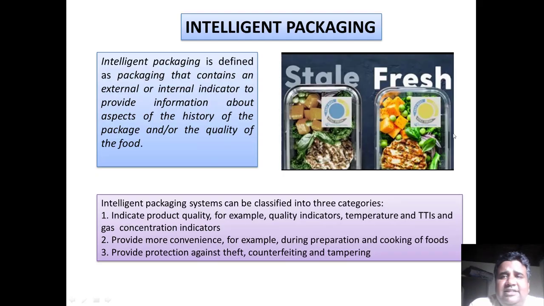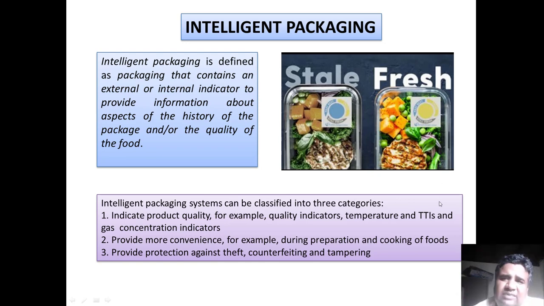Coming to the intelligent packaging, though we have already covered the definitions, I am repeating it here. Intelligent packaging is defined as packaging that contains an external or internal indicator to provide information about the history of the package or the quality of the food.